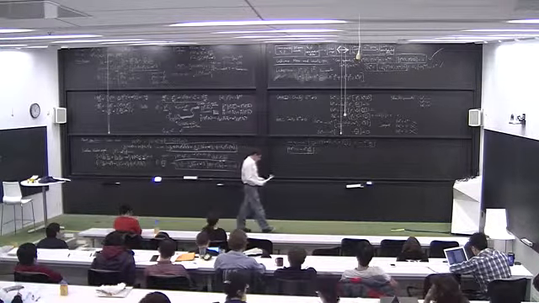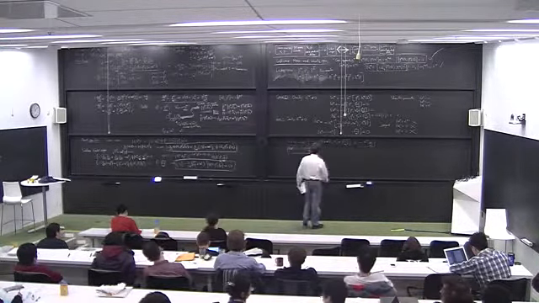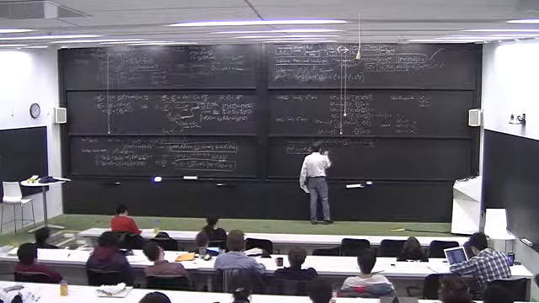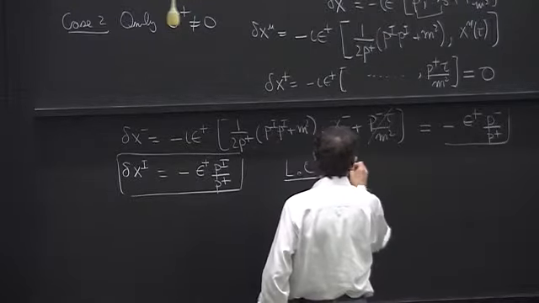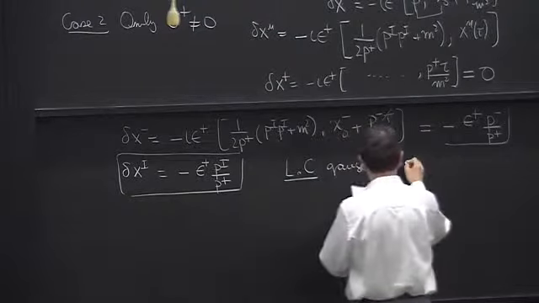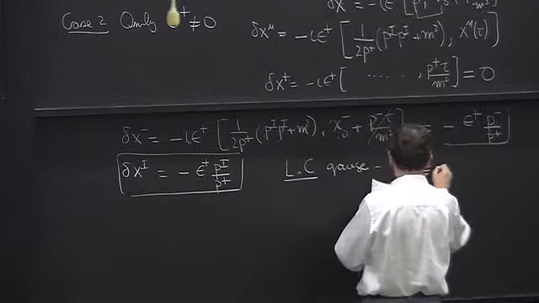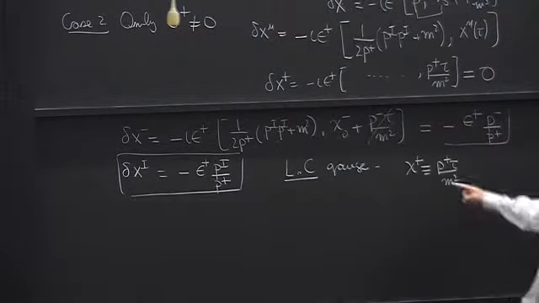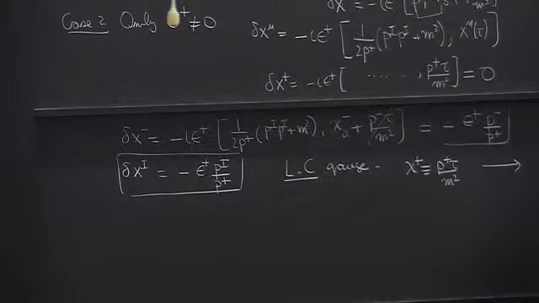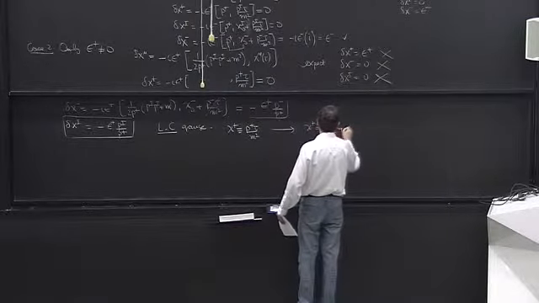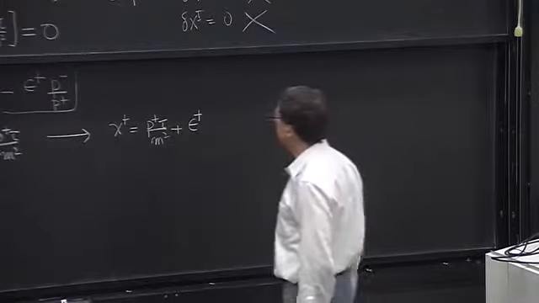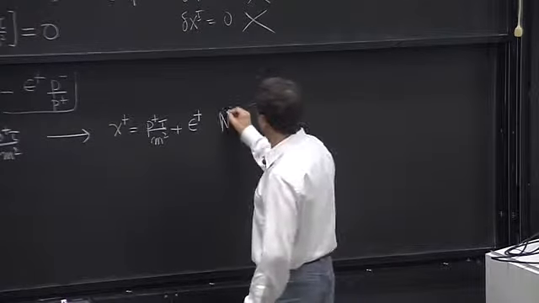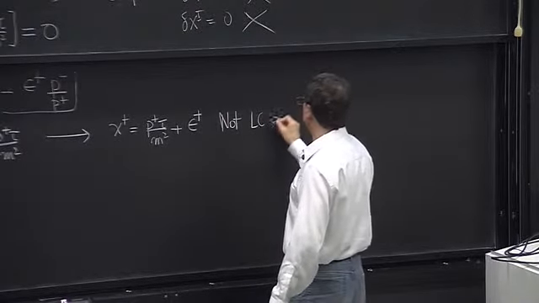You see, you impose the lightcone gauge, in which x plus was equal to p plus tau over m squared. If this had gotten translated, after this transformation x plus would have become p plus tau over m squared plus some epsilon plus, and this is not lightcone gauge anymore.